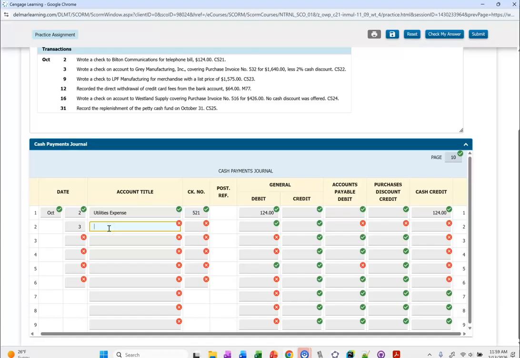My account title, Gray Manufacturing, we use check 522. This is an accounts payable, we said we paid it there, right? How much did we pay?